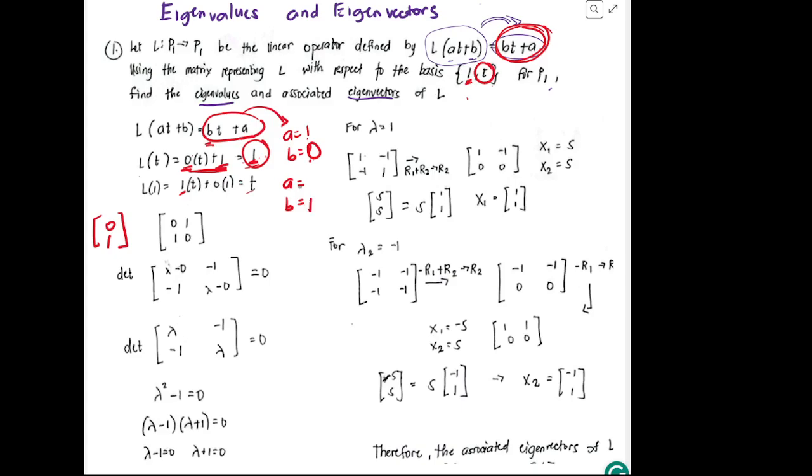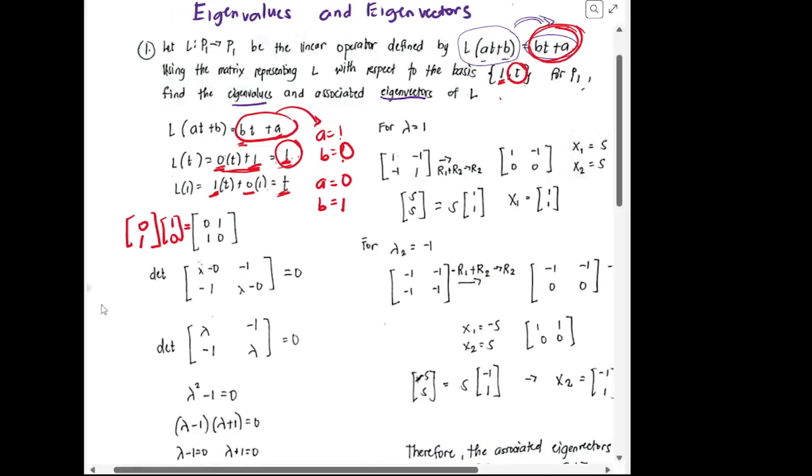And a should be 0, so that 0 times 1 is 0, and it will be equal to t. Thus, noting our coefficients are 1, 0, forming our matrix, this will now be our matrix 0, 1, 1, 0.